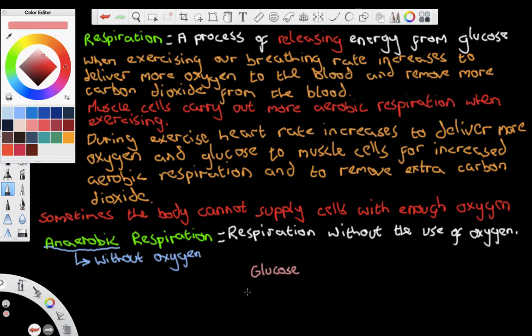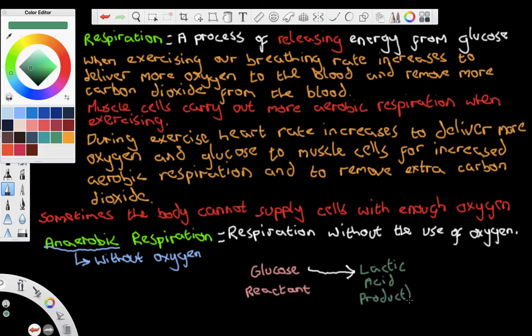The glucose is simply broken down into a substance known as lactic acid, and that is our product.